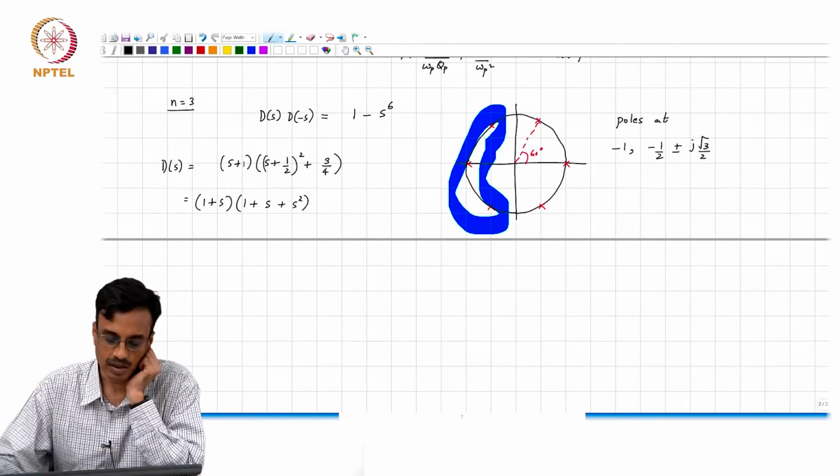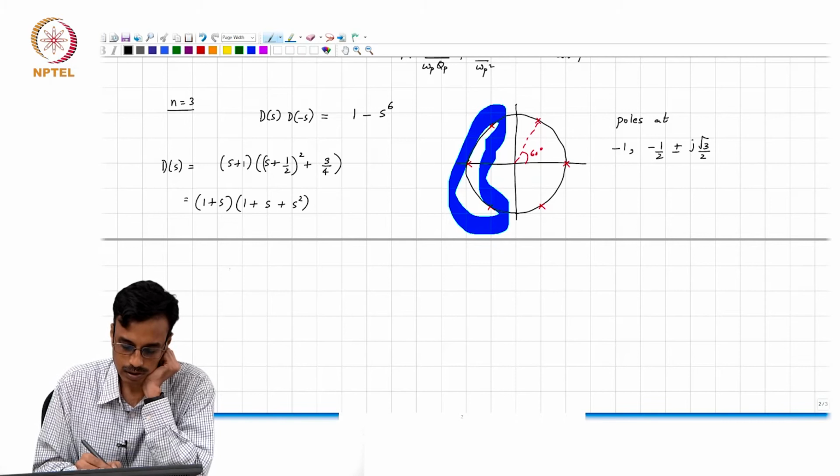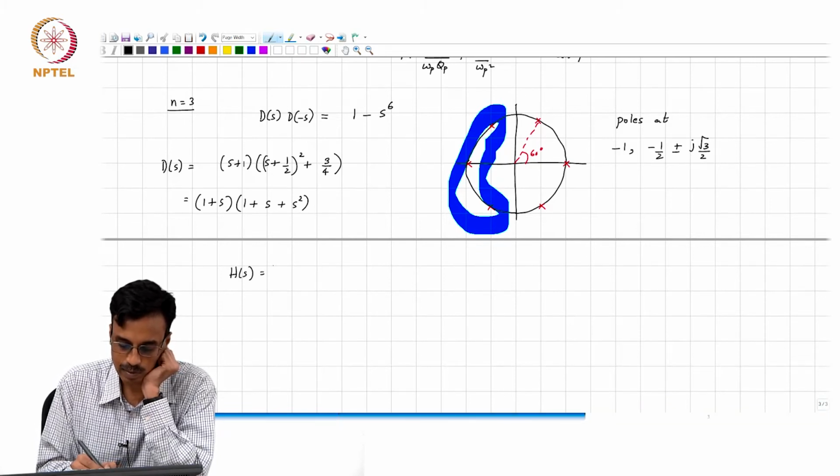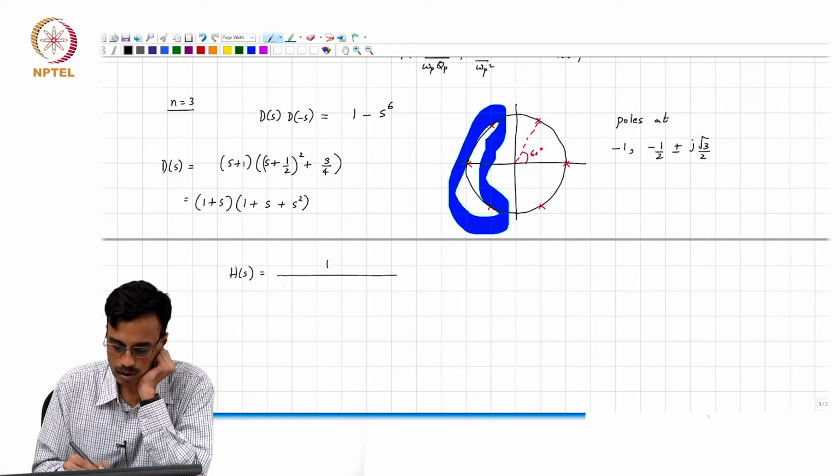So therefore, the third order Butterworth filter H(s) is simply given by 1 over 1 plus s times 1 plus s plus s².